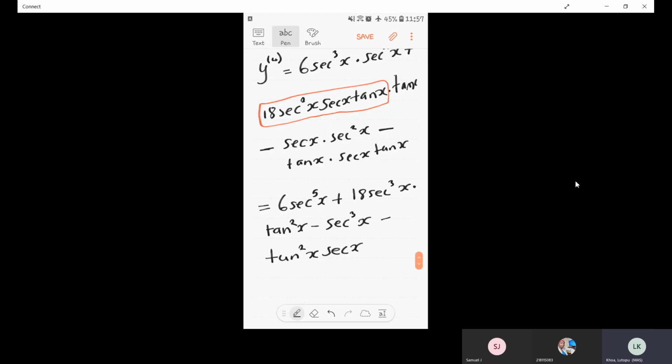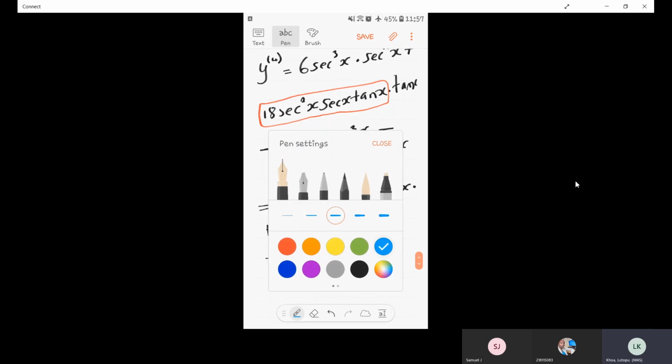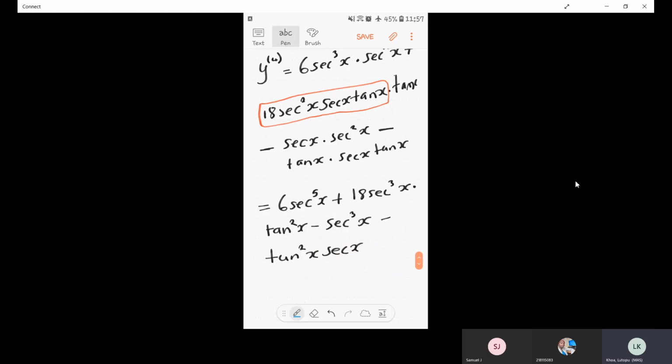Here you will notice that I have tan in the second term because it's a product, and I also have tan over there. So when I substitute 0 over there, I will get 0 because tan of 0 is 0.